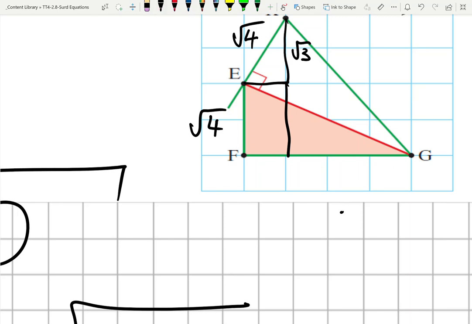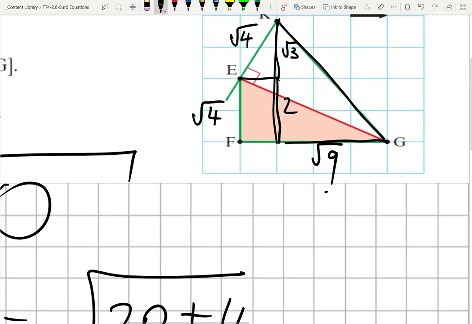Okay, now I have 3 here, which is the root of 9. And I have 2 plus root 3 here. And they will also give me the same value here, I would hope.